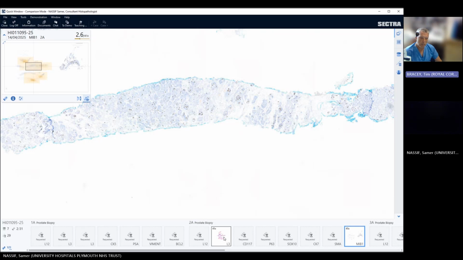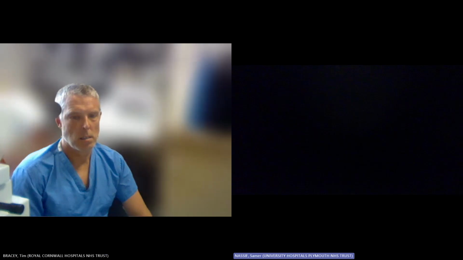Or you could get SOX10 maybe as well. Yes, there is a SOX. This is SOX, this is SMA. Now, they might have been done on different blocks because it's a prostate. These are not scanned, so let me just open the camera, and I'll share the image then.